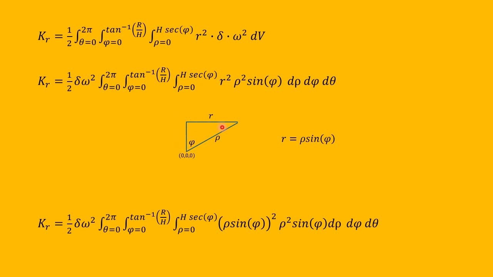Looking at this right triangle, we can see that r is equal to rho sine phi. And so, plugging that in for r squared, this integral is the same as the one we have up here, except r squared is rho sine phi quantity squared.